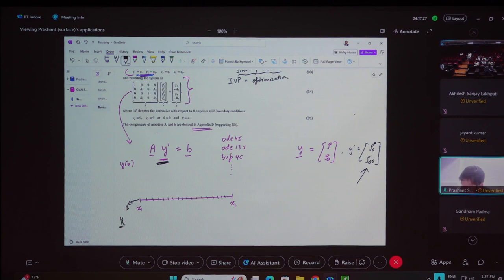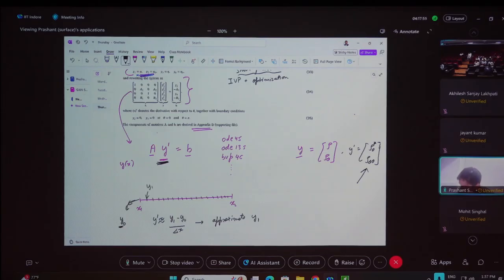So let's call it y0, and then y prime is approximately y1 minus y0 over delta x, and using that I can approximate y1, and so you would know what is y1.